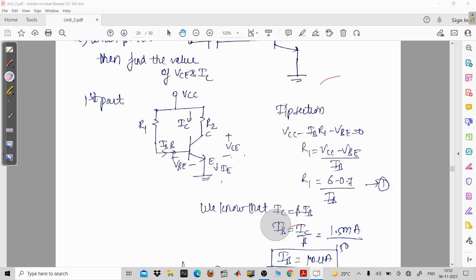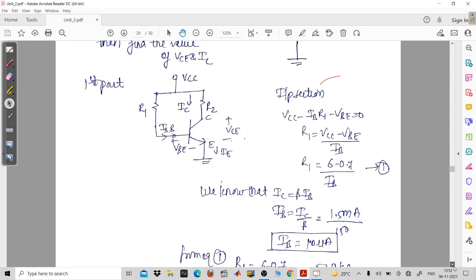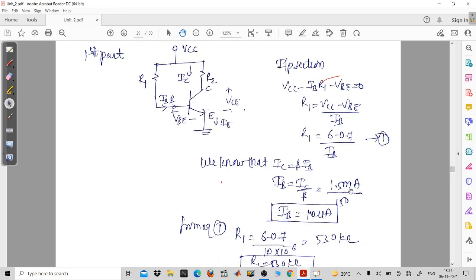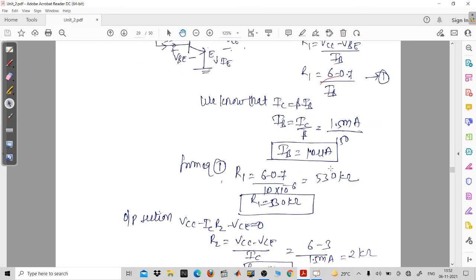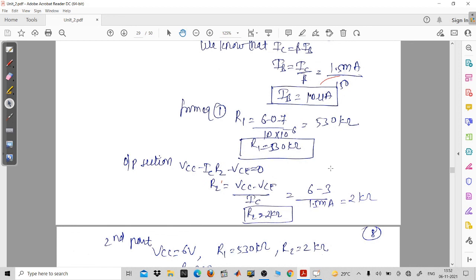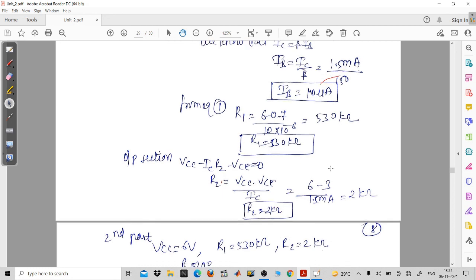So R1 will be equal to 6 minus 0.7. This we have already explained. You can have this IB value as 10 microampere. Then put the value here. So R1 will be equal to 530 kilo ohm. Now you just apply the KVL in the output section, and R2 will come out to be 2 kilo ohms.